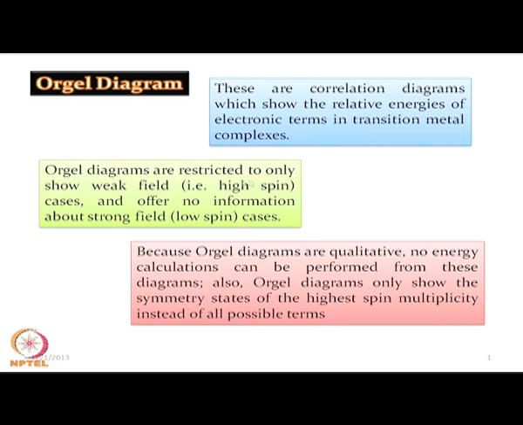Since we are talking about high spin cases, we will have the high spin multiplicity, the different symmetry states of the high spin multiplicity system for a particular electronic configuration, and how we can go for the splitting and the transitions.